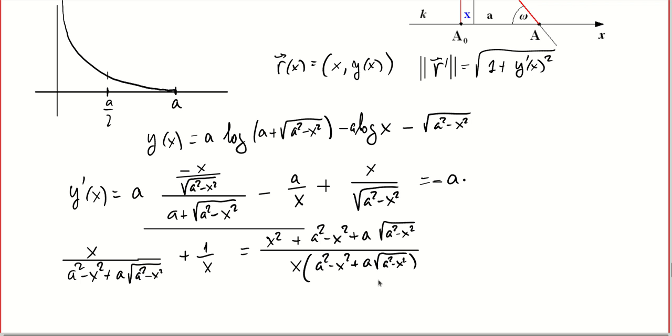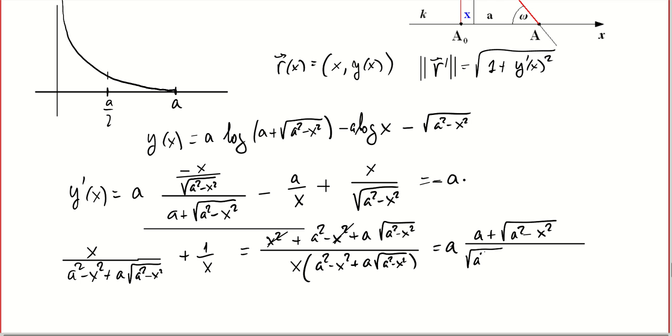Fine. Now this x squared simplifies here, and I can factor out an a from here. And then I have a plus the square root of a squared minus x squared. And this expression down here, we multiplied it before just to make this simplification, but we can again factor out this square root.